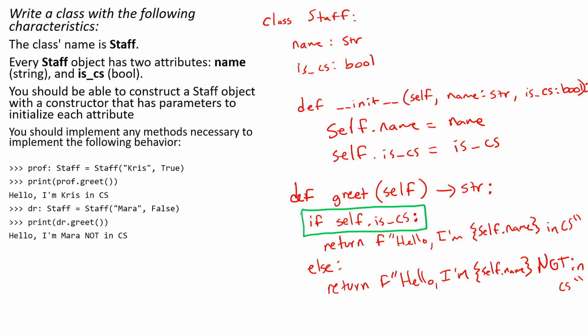And that's very close to the way to think about this. But let me try breaking this down in a slightly different way, which is if we wrote if self.isCS equal true, this can work as well, but I want to show you why we don't have to do this.